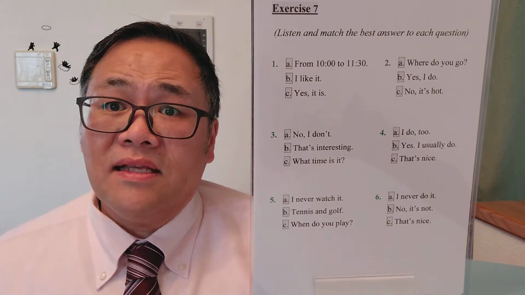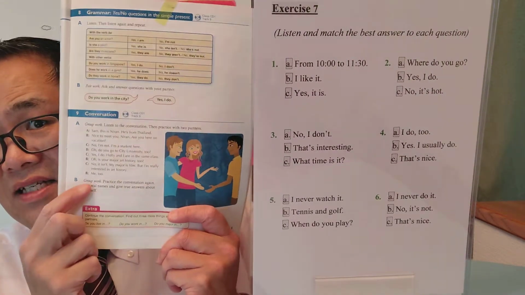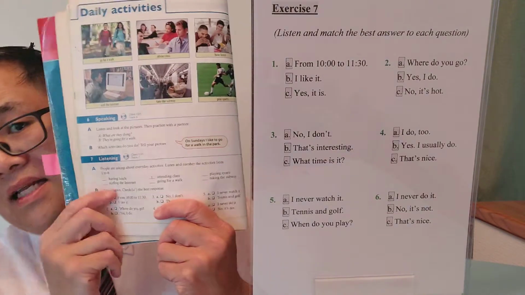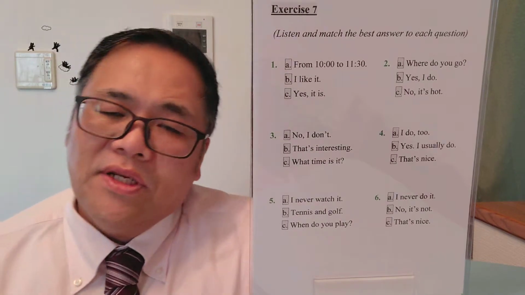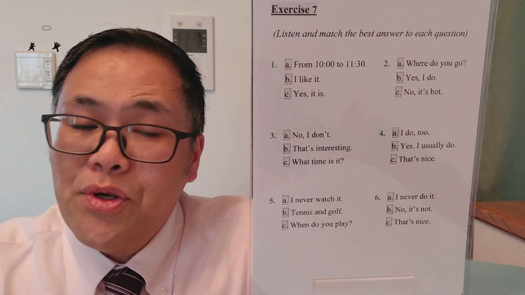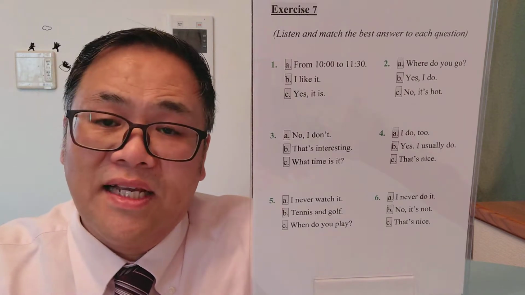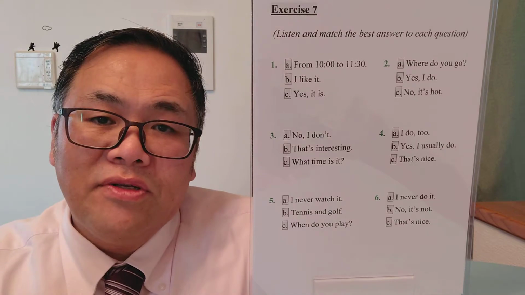In exercise 7, it's a listening activity. You're going to listen to 6 texts, and people are talking about everyday activities, and then you have to number the activities from 1 to 6. That's exercise A. So I'm going to do something a little bit different.